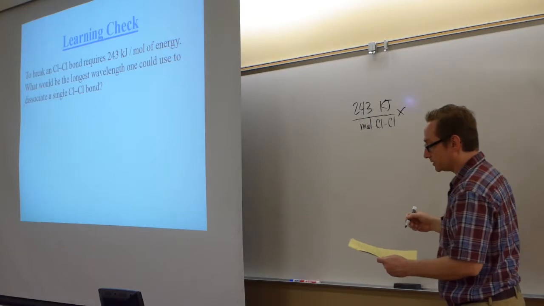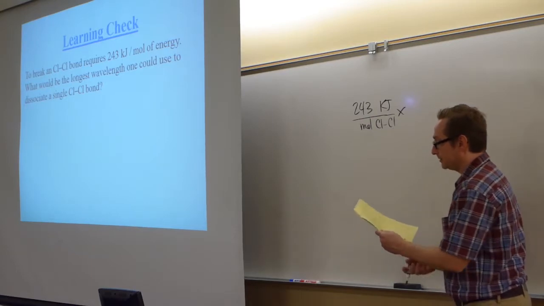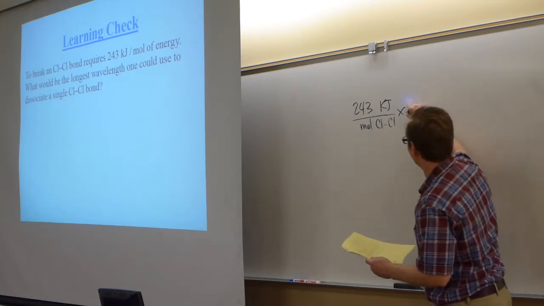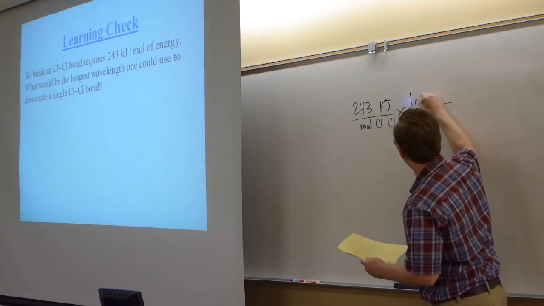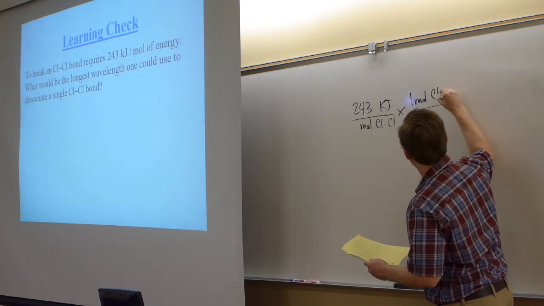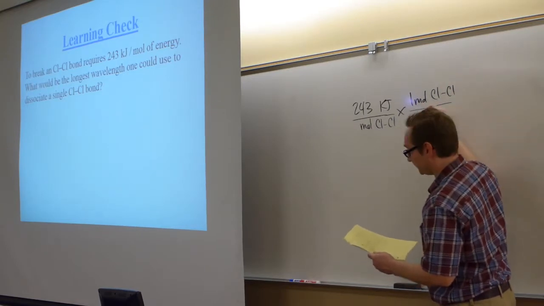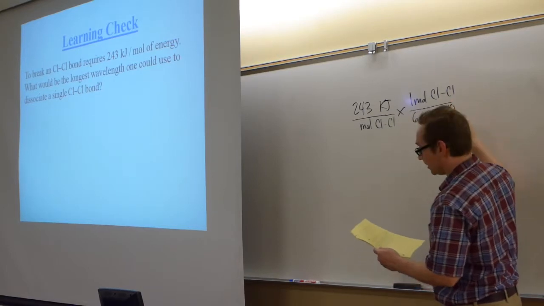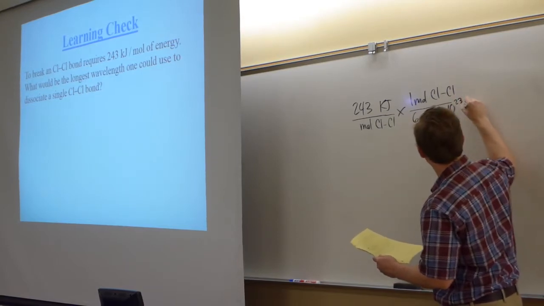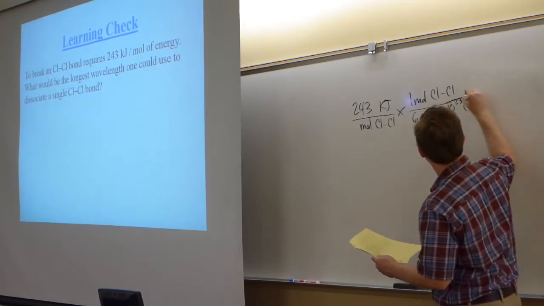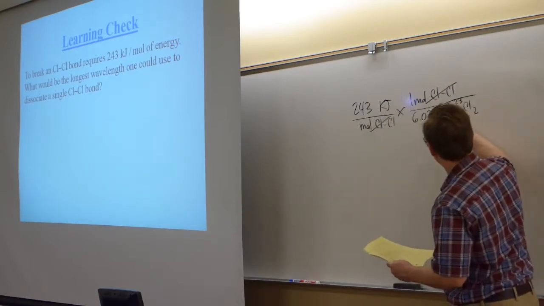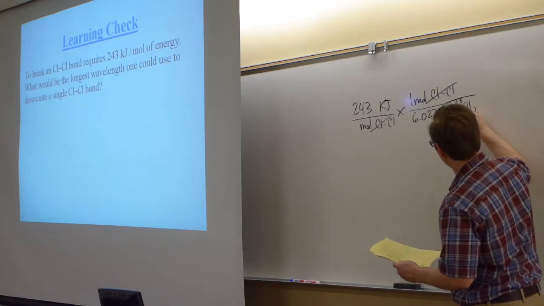how much energy would it take per molecule of Cl2? All right, so for every 1 mole of Cl-Cl, I have Avogadro's number worth of chlorine molecules. Oops, I left the units out here.